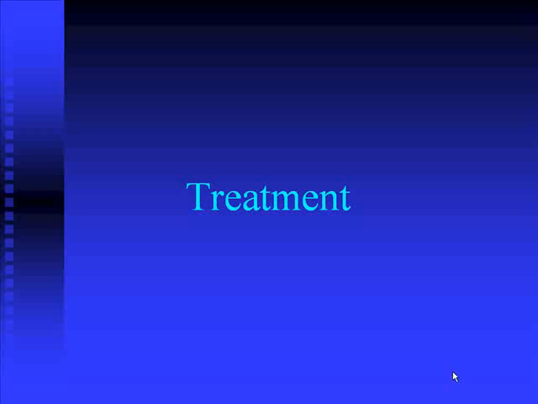Now, what is the treatment? Initially, maybe 40 years ago, we treated these patients with a reduction and plaster immobilization, non-weight bearing, highly unsatisfactory because of recurrence of deformity in the plaster.